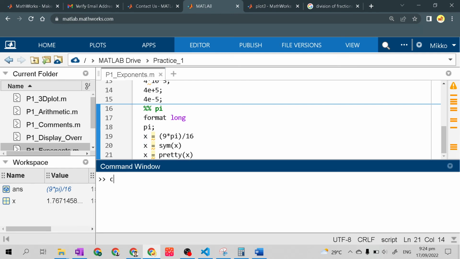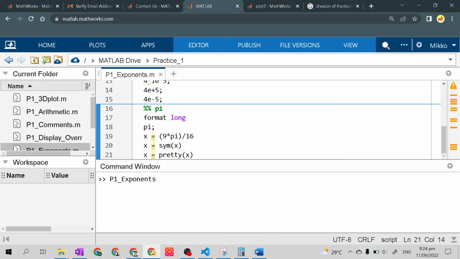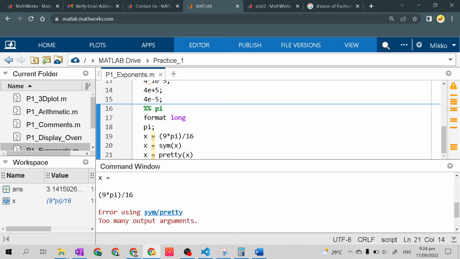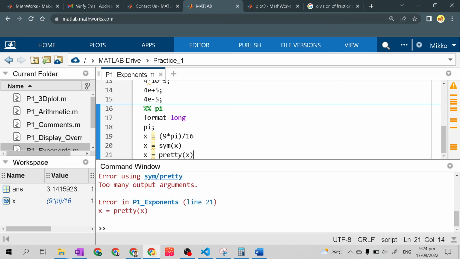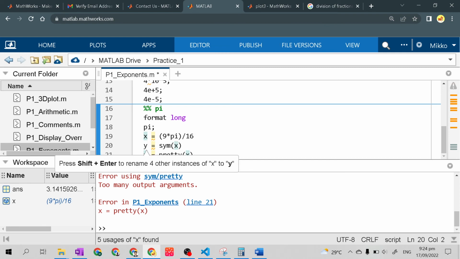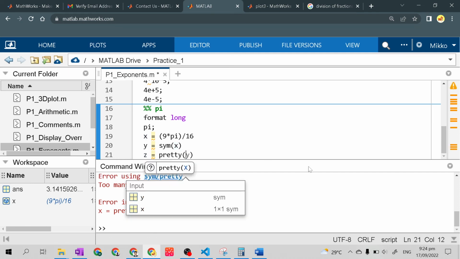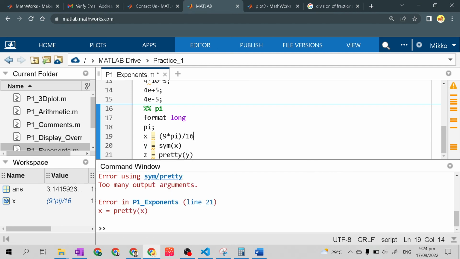Now let's clear all to be safe. Okay, F5. Oh, it's still an error. I can't prettify x. Why? Let's try y, z. Let's see if this is because of the value.